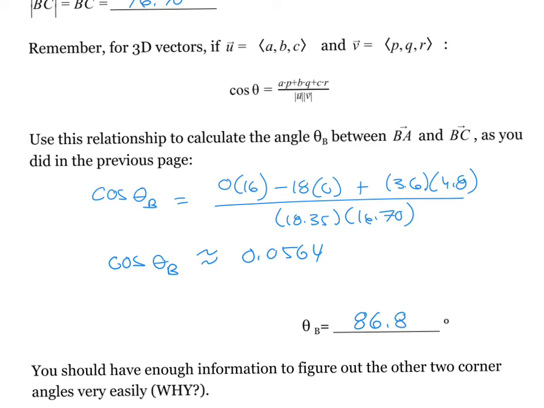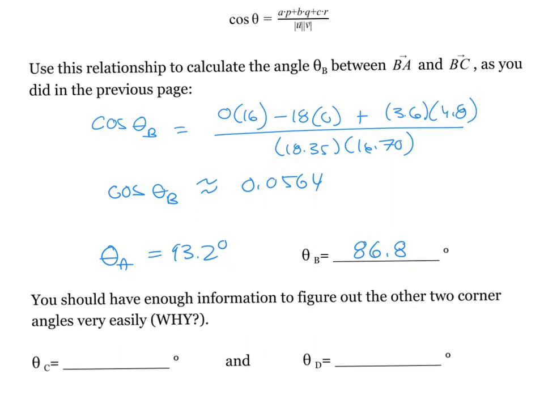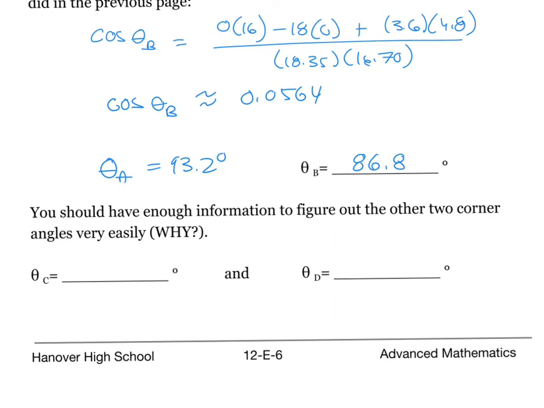Now you might remember that theta a was 93.2 degrees. Do you notice a relationship between these two angles? Yeah, they add up to 180.